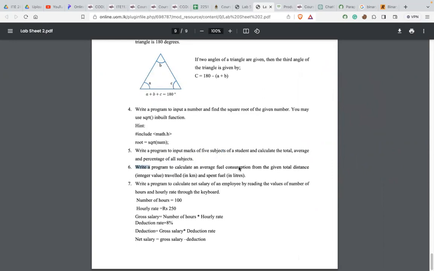I think you can calculate the total and the average. Any other questions? If you can manage this question yourself, then I can move to today's lab session.